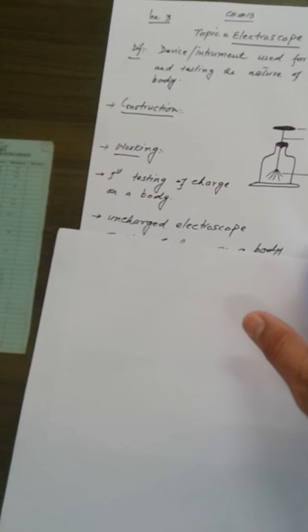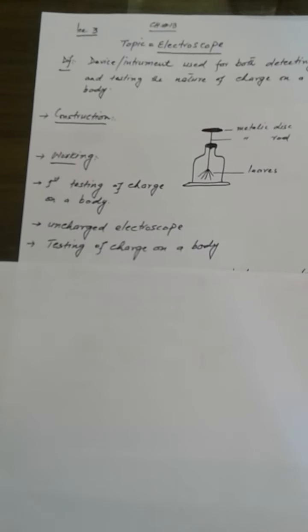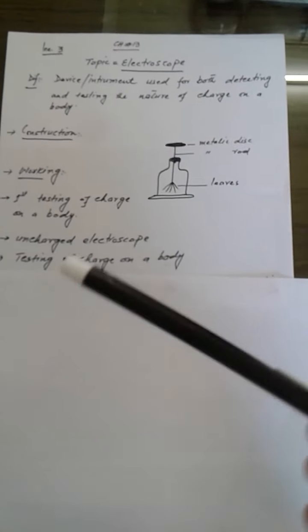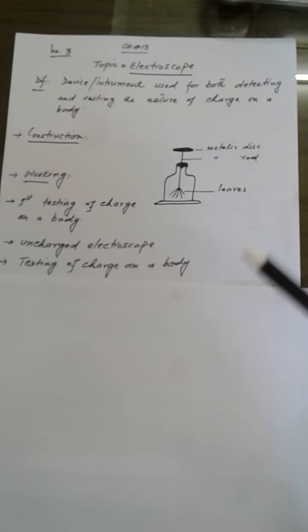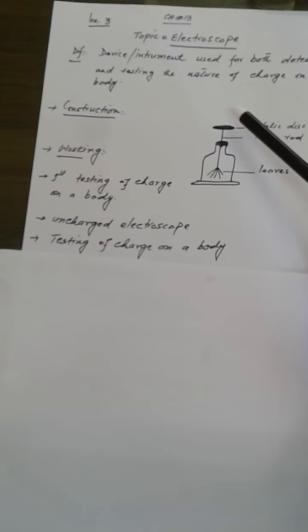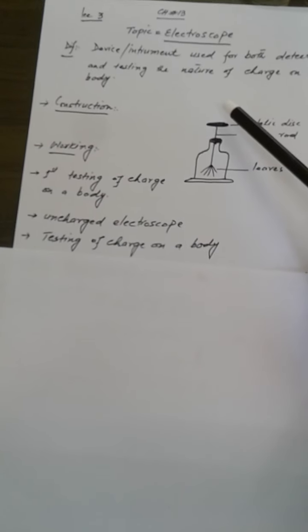Now working. The working for testing a charge on a body is very simple. For example, if we want to find charge on this pen, we will bring this pen near the disc, but never touch the disc, only bring it near the disc.